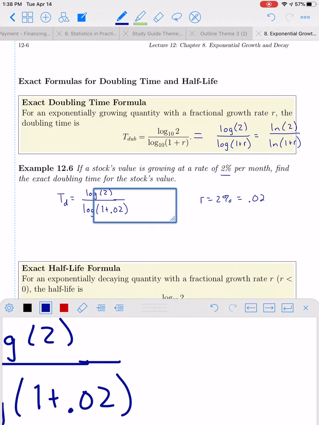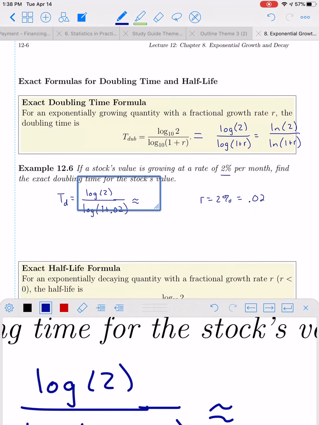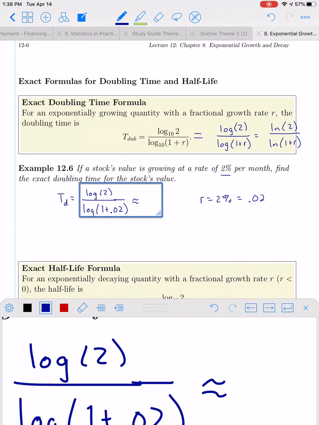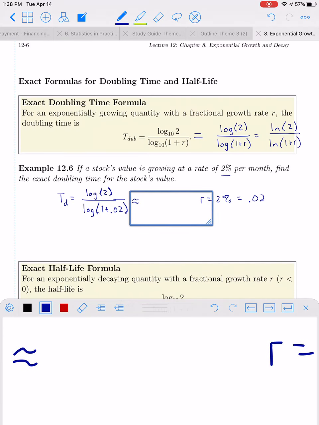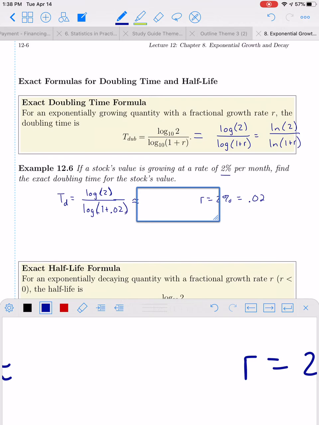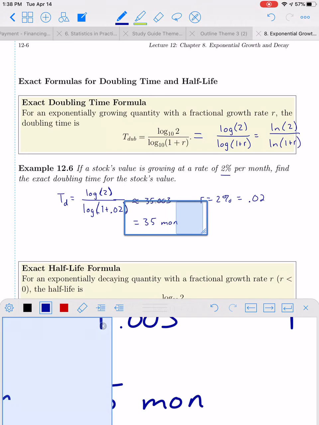We write it down as 0.02. And when we plug this into a calculator, be careful to use parentheses around the logarithm's arguments here and here. But what we get out of this is approximately 35 months, or 35.003, rounding that. And this is about 35 months. We can round to this.